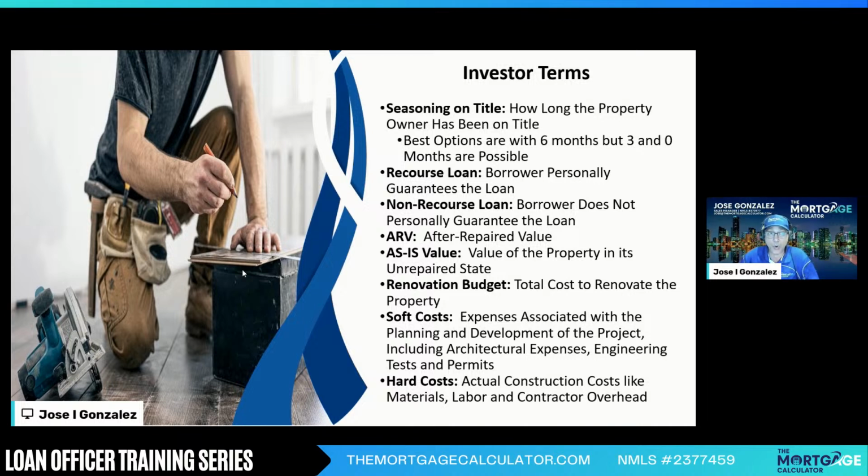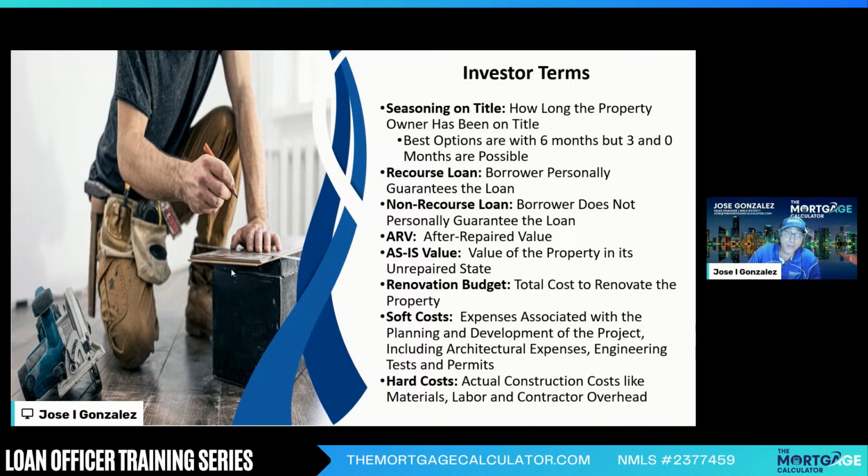ARV, real important phrase there, is the after repaired value. In other words, that is the value of the property, the market value of the property after all renovations have been completed. The as is value is the value of the property in its unrepaired state before renovations are completed. The renovation budget is the total cost to renovate the property.